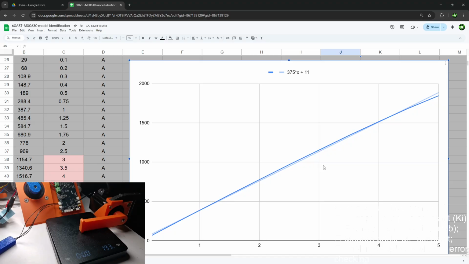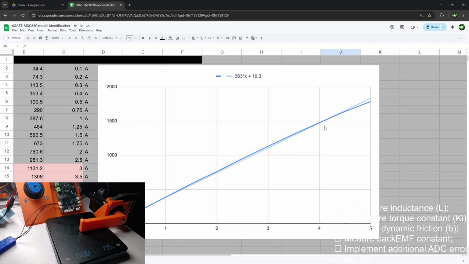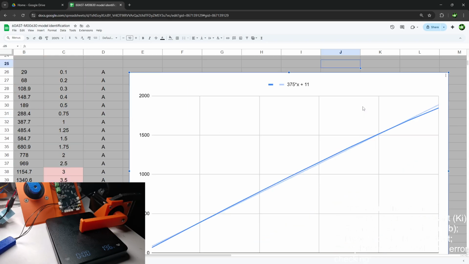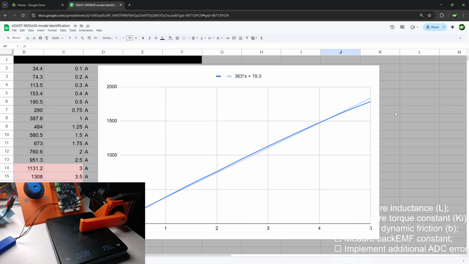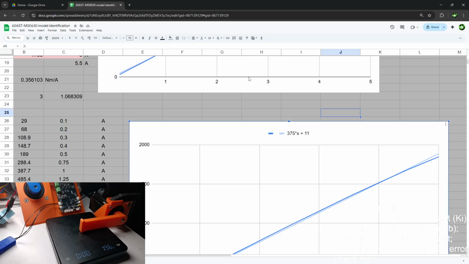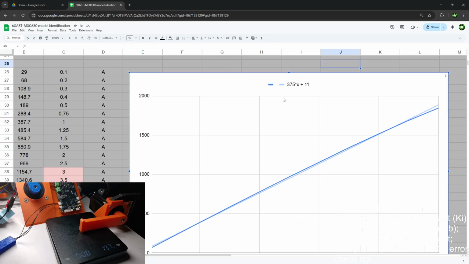Okay, so we still trailed downwards at higher currents, which is, I guess, fine. But this is linear enough. And it's actually better than this because here the trailing is much worse. So this is very good, and it also shows that with improved encoder firmware, we have a higher torque constant.